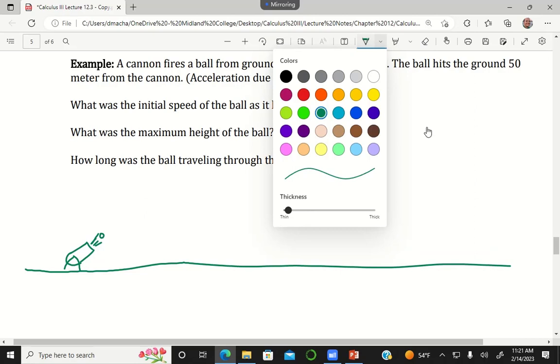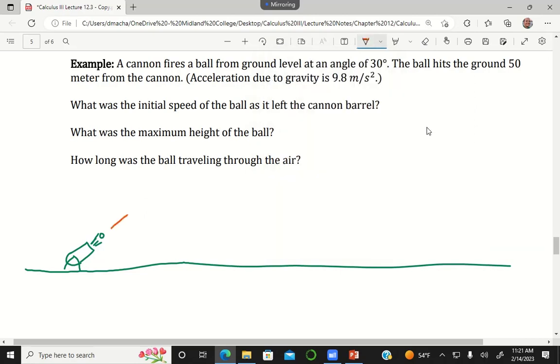Okay, so the path of this cannonball is going to be a parabola. You've probably heard that before in different math classes. And again, this angle that it's initially shot at is going to be a 30-degree angle with the ground. And the ball hits the ground 50 meters away from the cannon.